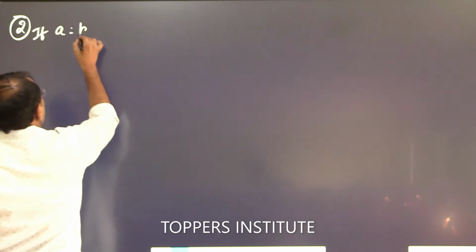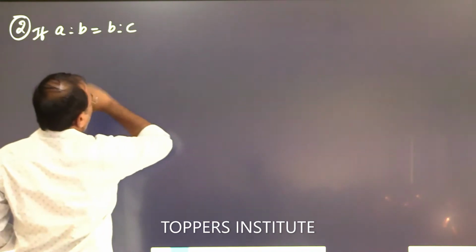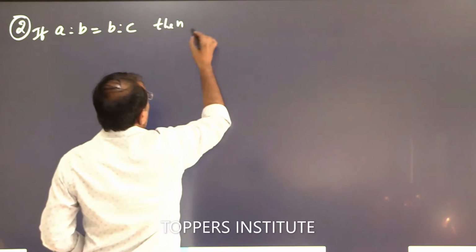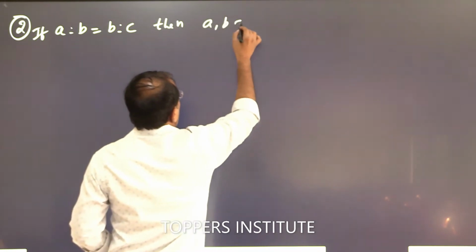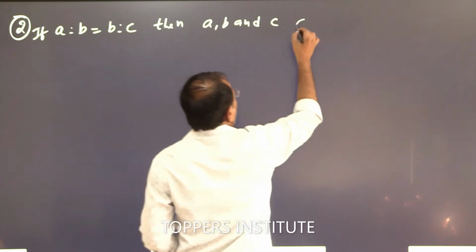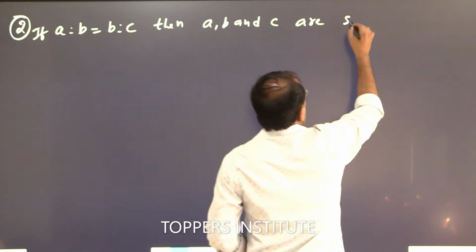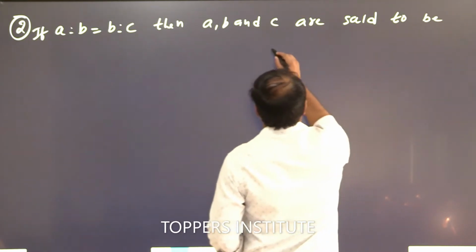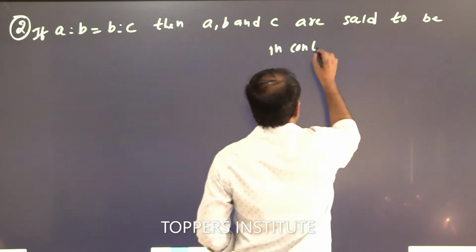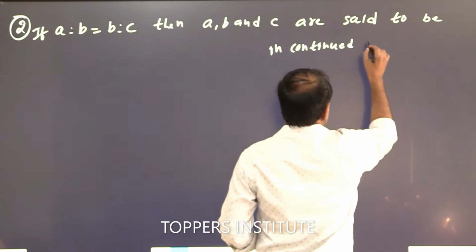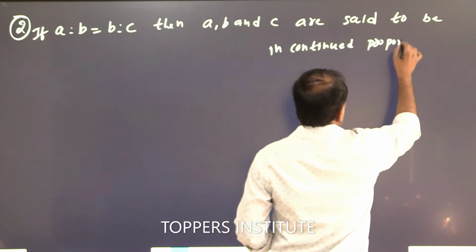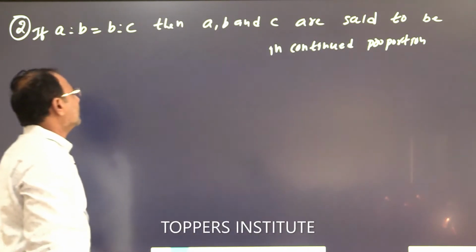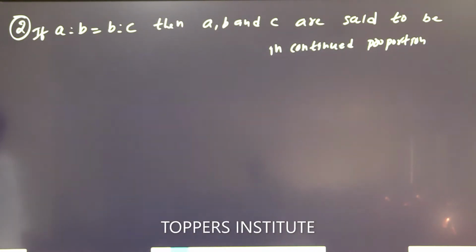If A is to B is equal to B is to C, then A, B and C are said to be in continued proportion. Okay, so if A is to B is equal to B is to C, then A, B and C are said to be continued proportion.